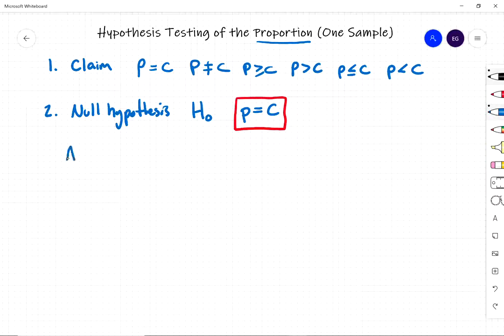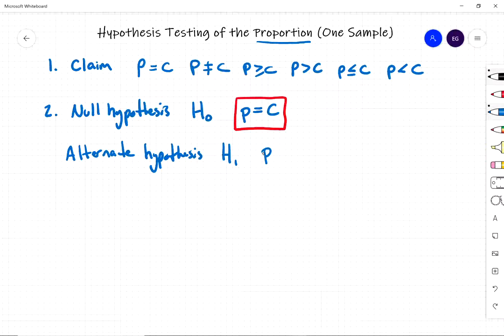Your alternate hypothesis, though, the symbol we're using for that is H1. Well, there's 3 possibilities there. The alternate hypothesis cannot contain equality.